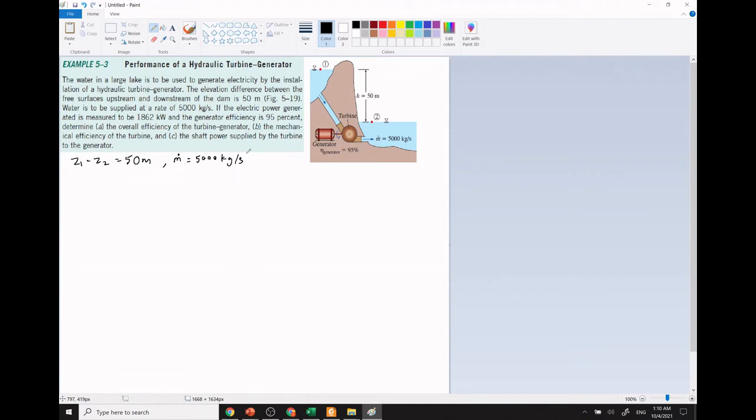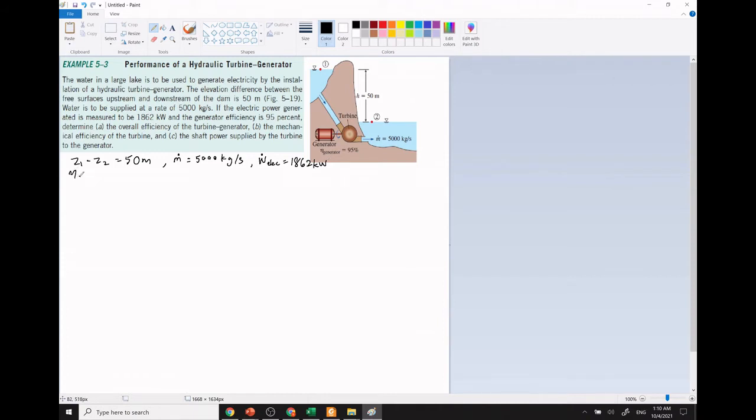Alright, and then if the electricity power generated is measured to be 1862 kilowatt, so it means the electricity is 1862 kilowatt generated.